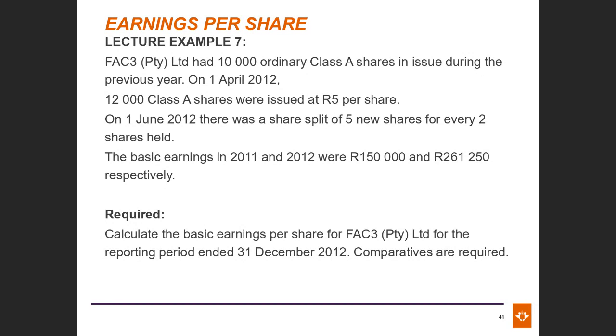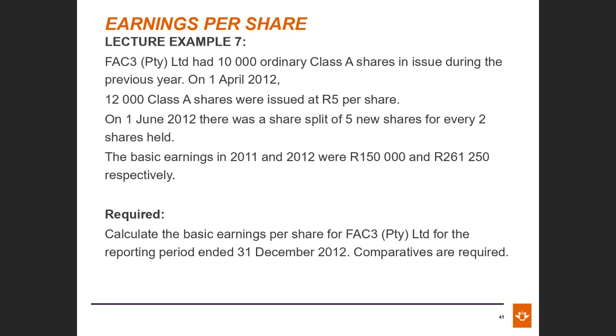Then on the 1st of June 2012, there was a share split of 5 new shares for every 2 shares held. They tell us the basic earnings in 2011 and 2012 were 150,000 and 261,250 respectively. So there are 2 share issues here essentially.